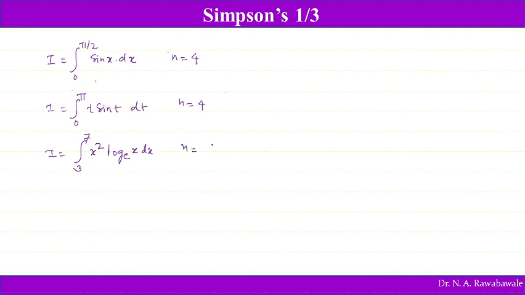N is equal to 4 segments. 4 segments are 5 points. Simplify these numericals using multiple application of Simpson's 1/3 rule.